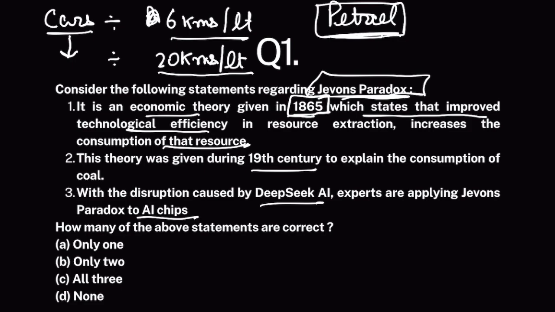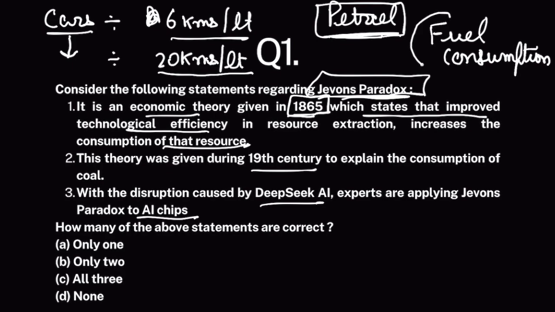Now, because of that, people thought that fuel consumption would decline, because with less fuel you can travel more now, so you don't require that much fuel. So fuel consumption would decline because of improvement in technology. But Jevons paradox says that no, in fact the opposite happens.